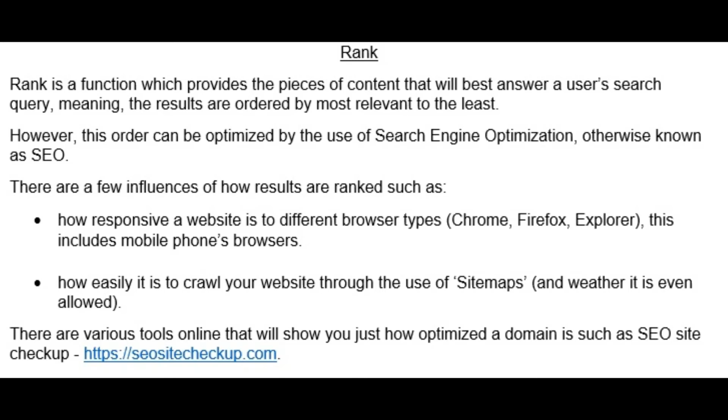This includes mobile phone browsers. Another influence is how easily it is to crawl your website through the use of sitemaps and whether it's even allowed. There are various tools online that will show you just how optimized a domain is, such as SEOsitecheckup.com.